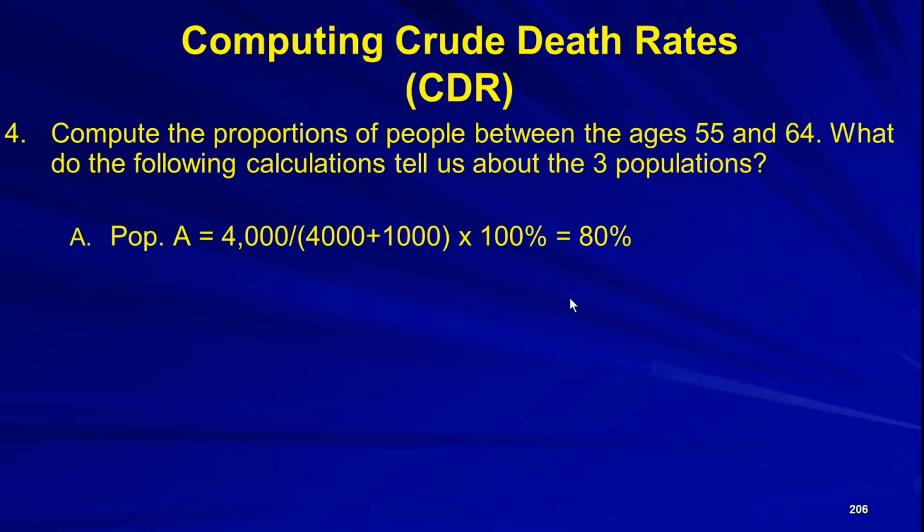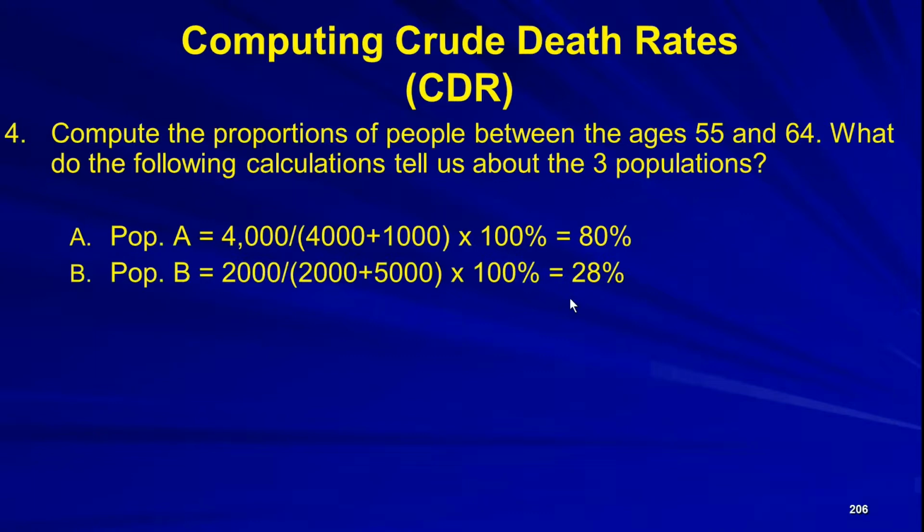Okay, so we see in population A that we have 4,000 plus another 1,000, and times 100%, so there's 80 percent of people in the 55 to 64 age range. In population B, there are 28%.